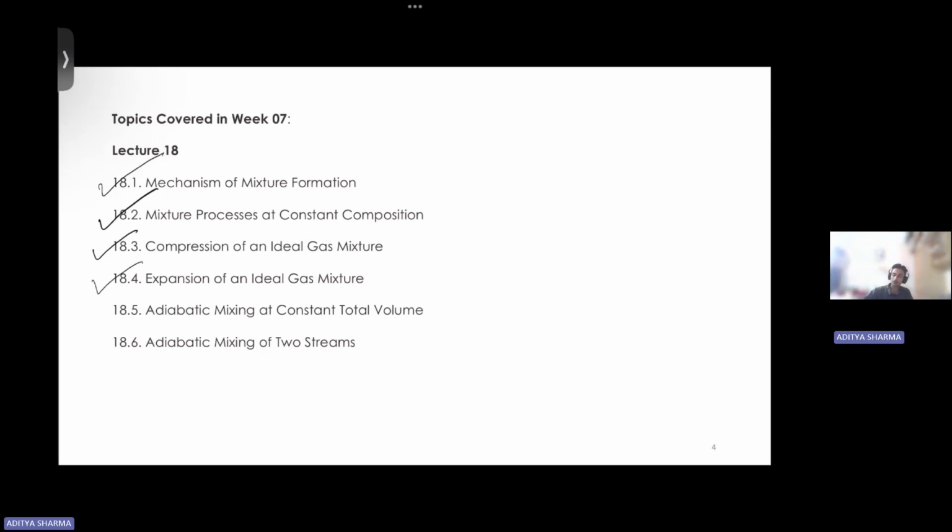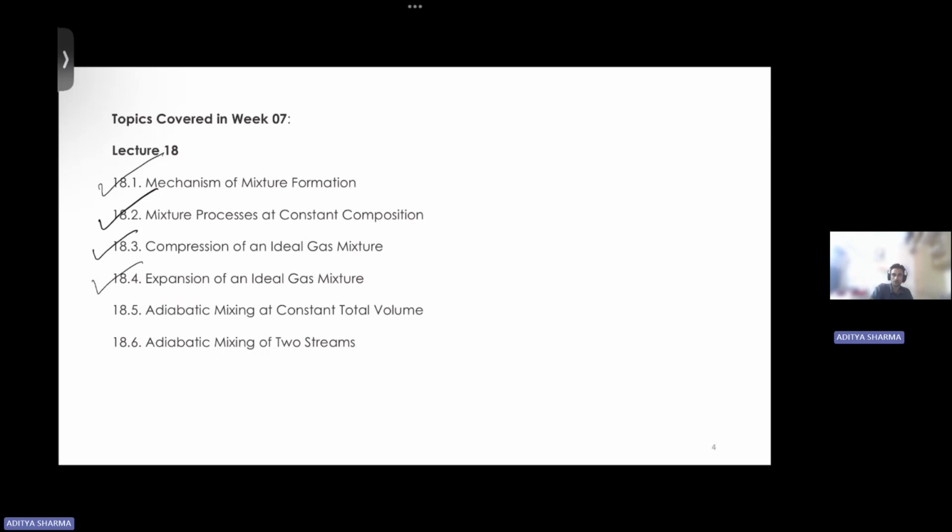So in that case, if we have to compress a mixture by means of a piston, or if your mixture is expanding by means of a nozzle, how do the properties change and how do we deal with those property changes? So all these expressions have been mentioned in this topic.